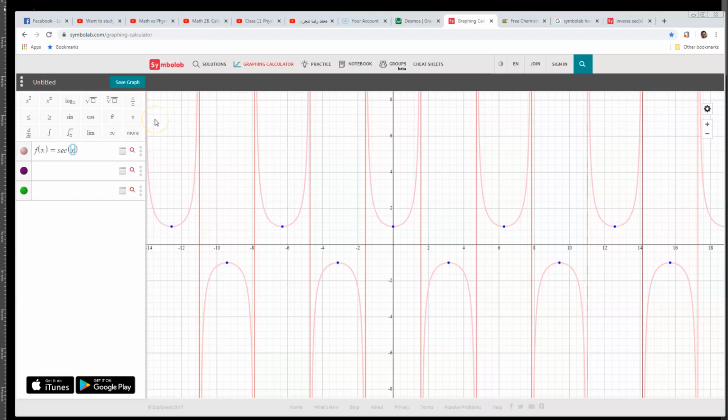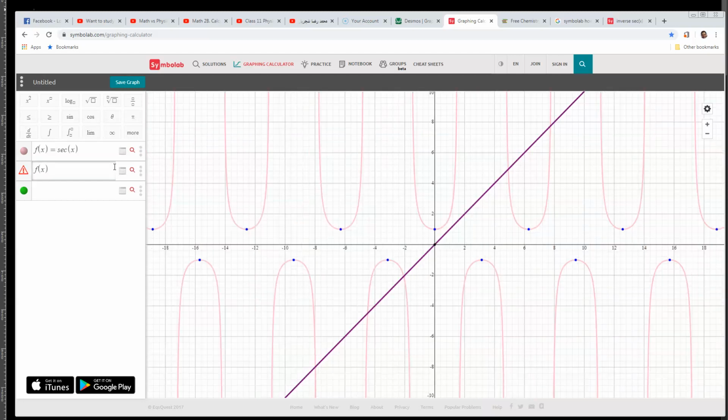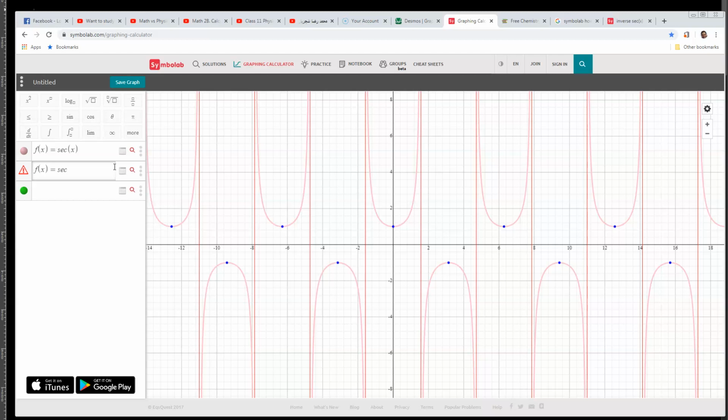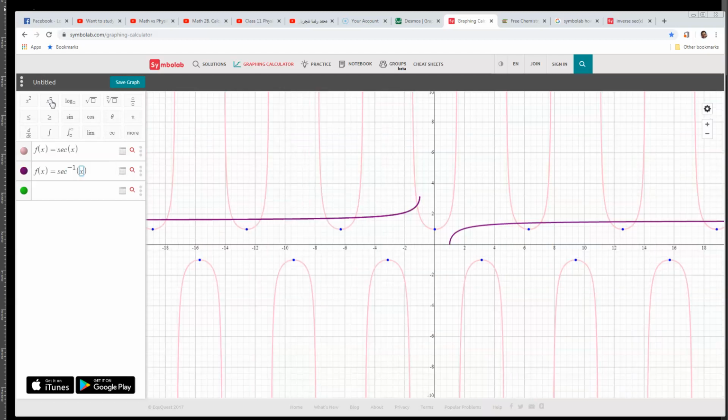Now, if you want to draw the graph of the function f of x is equal to secant inverse x, you have to enter your secant, and then use this key, and then write -1, and then over here you have to enter x on the keyboard, and it will give you this function here.